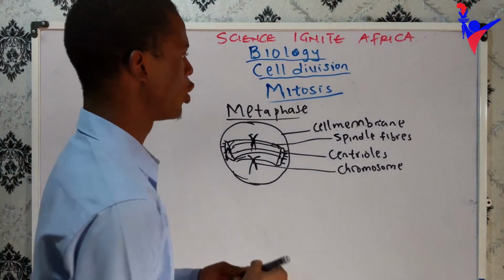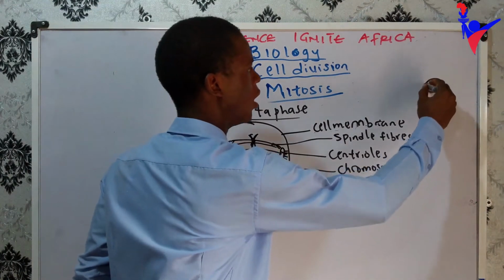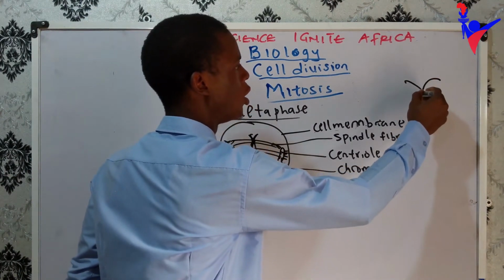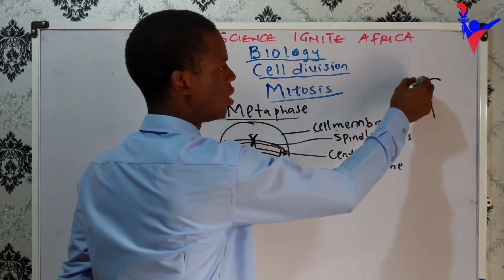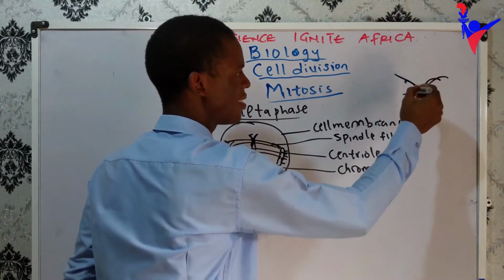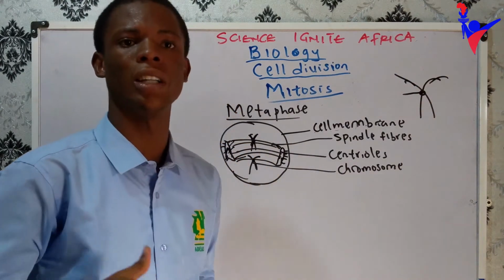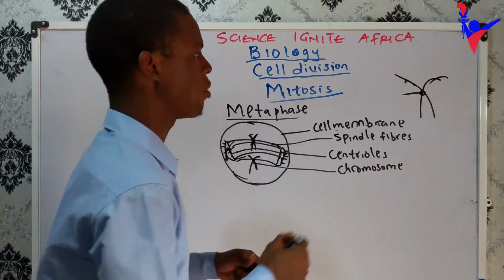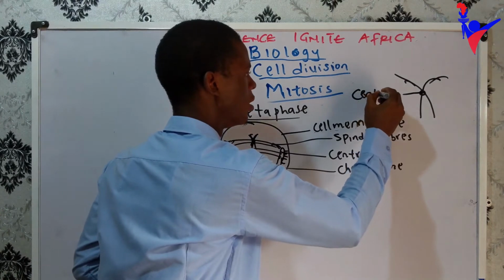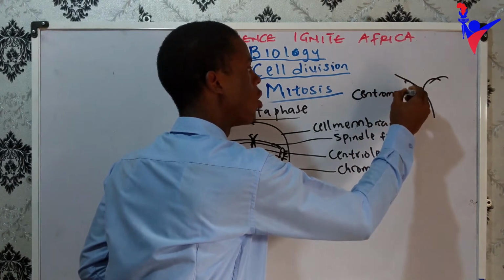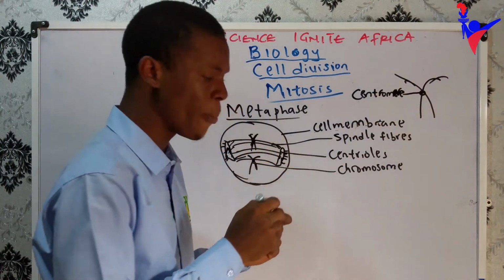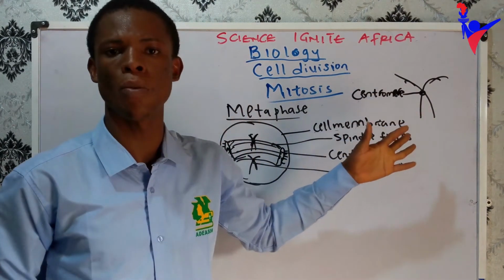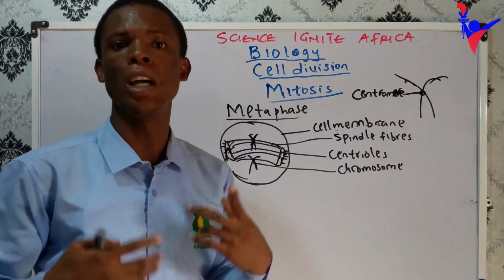Please take note, your chromosome has two sister chromatids joined together by what we know as the centromere. The centromere joins two sister chromatids together to form a chromosome.